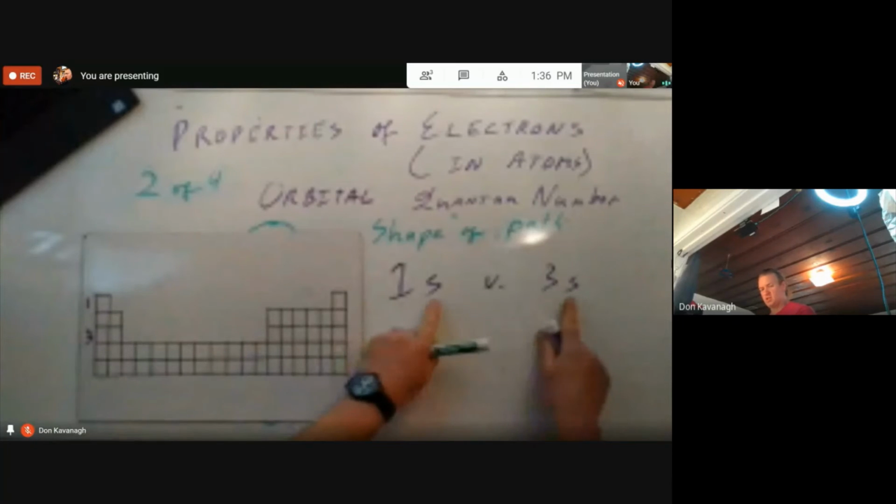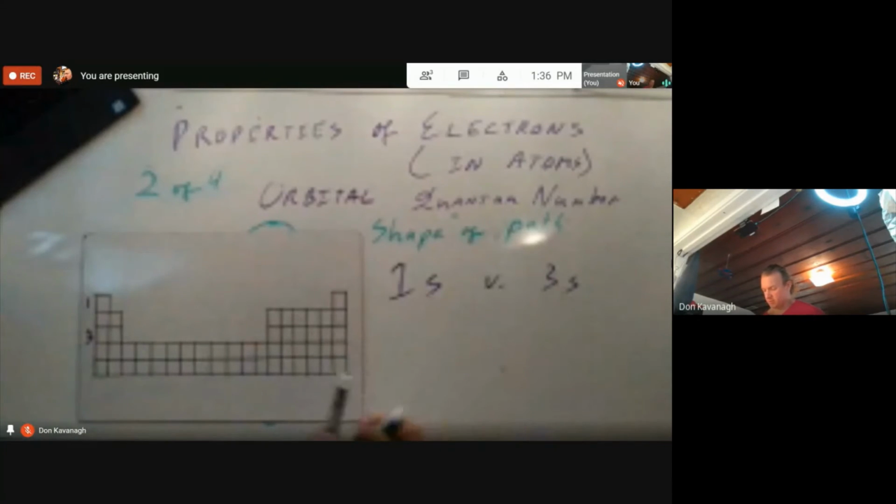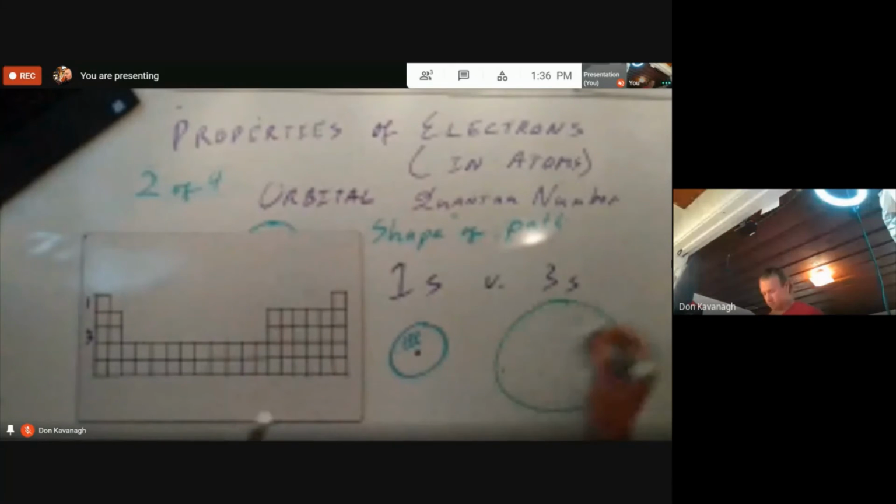The S is the shape of the path that electron takes. So a 1s orbital would look like that, and the nucleus is in the center there, that purple dot. A 3s orbital would look like this, again with the nucleus in the center.